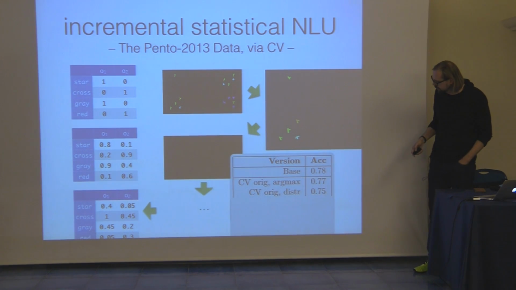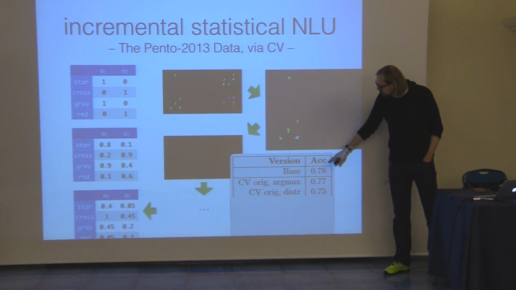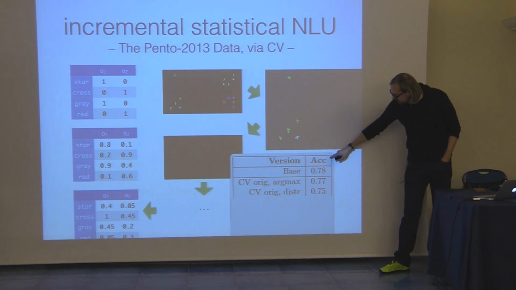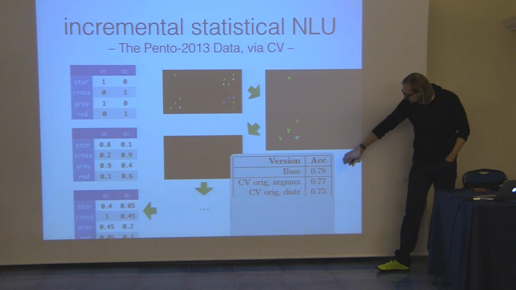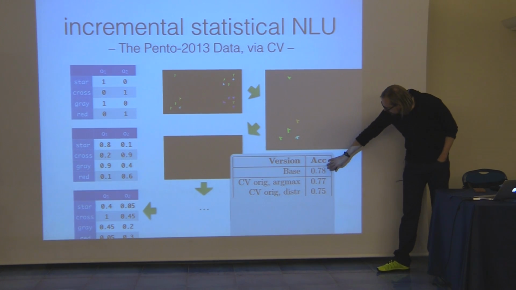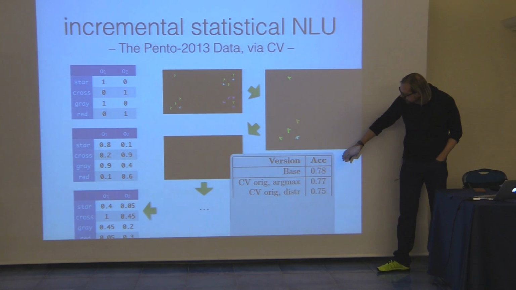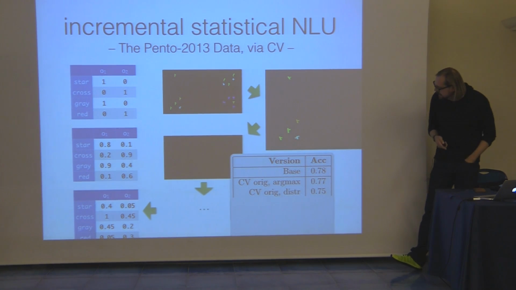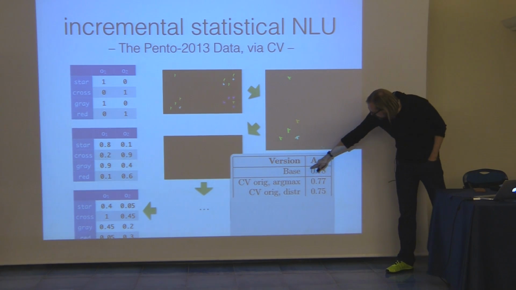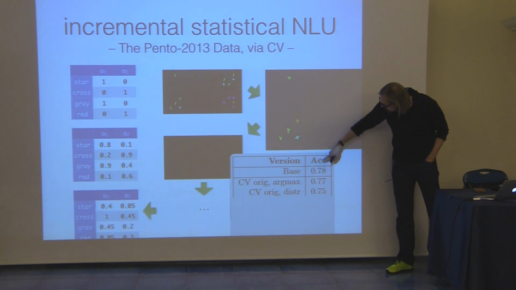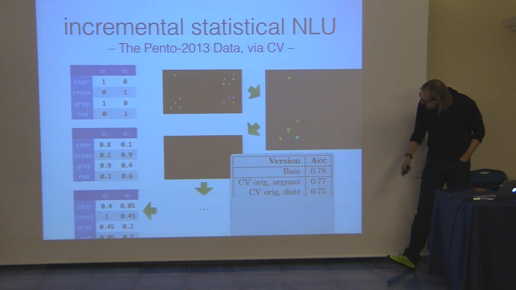Okay, so the results, and it's all a bit of a mess, unfortunately, so don't really look at the numbers. This is now with the transcribed utterances and not with the ASR output. That's why the numbers are higher. What we get is, if we use the symbolic representations as before, we get this performance.